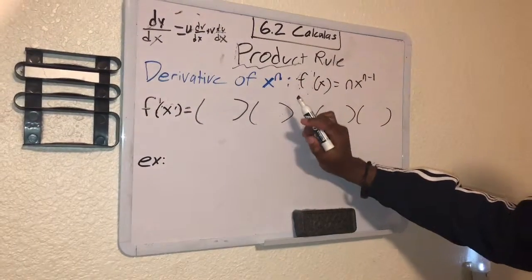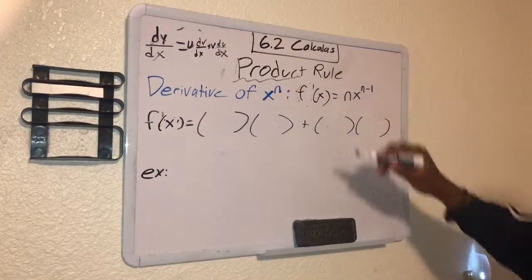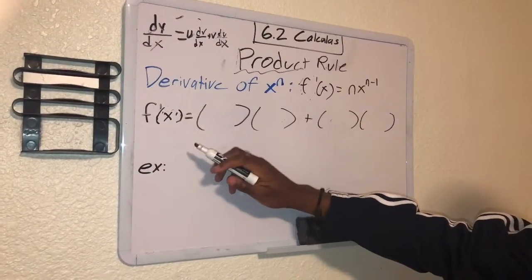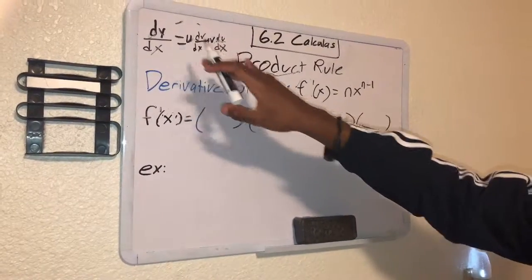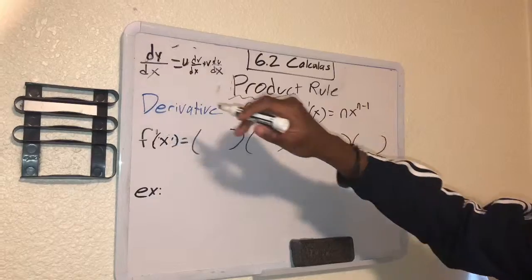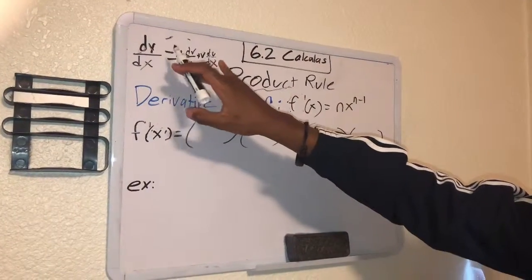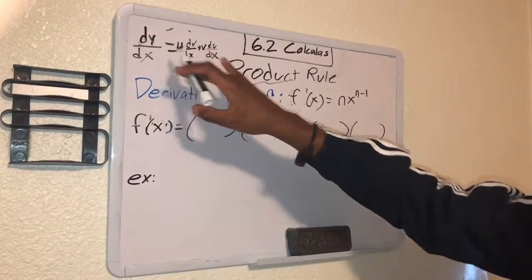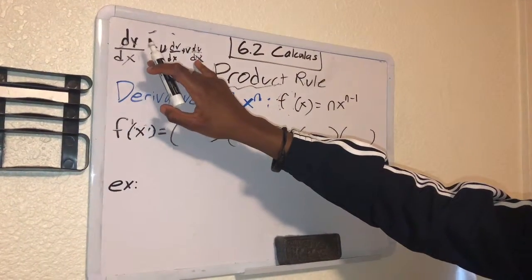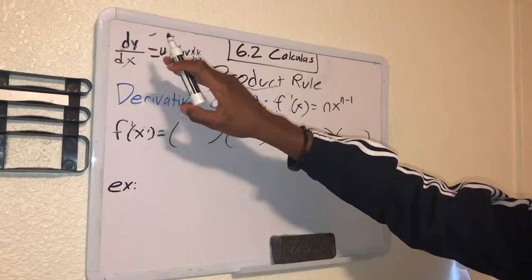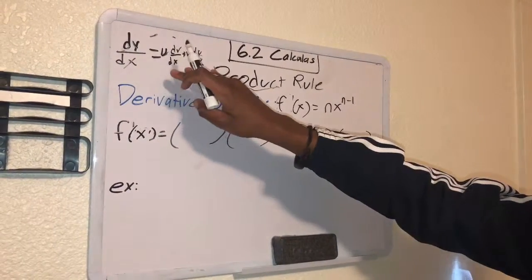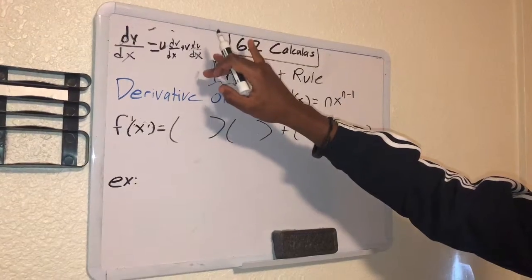Alright, so next up, right after the chain rule, we have the product rule. In the IB formula packet, for finding the derivative using the product rule, we have this little formula right here. I'll explain what these variables mean right after I go through the rest of it: u times the derivative of v plus v times the derivative of u.